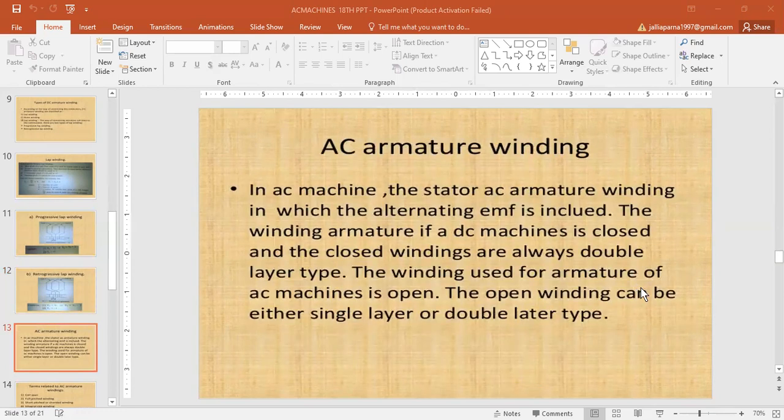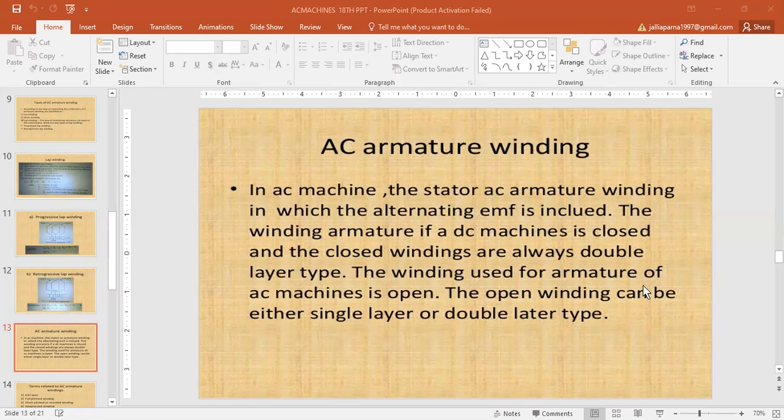Now AC armature winding. AC machines have an AC armature winding in which the alternating EMF is induced. The armature winding of a DC machine is closed, and closed windings are always of double layer type.